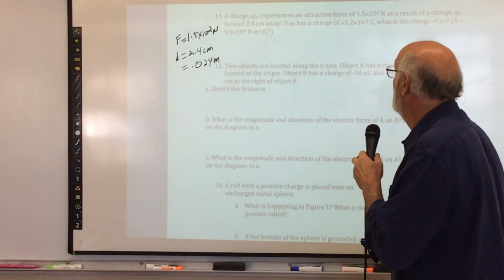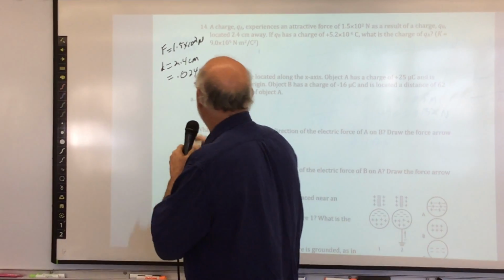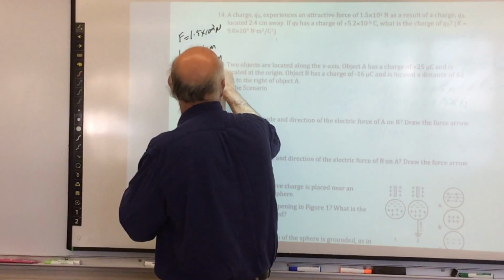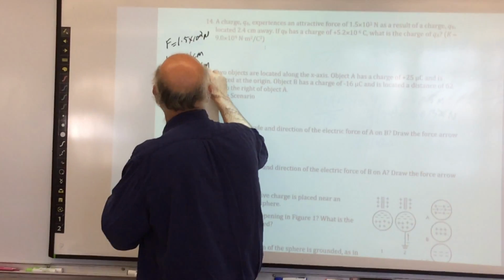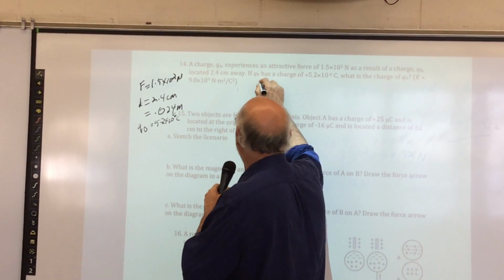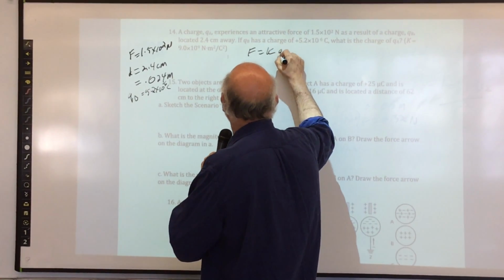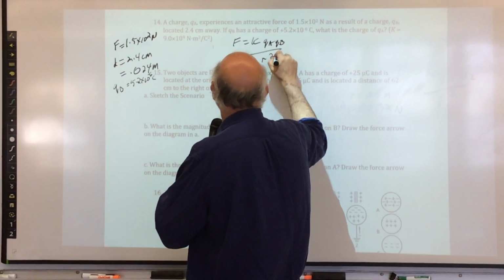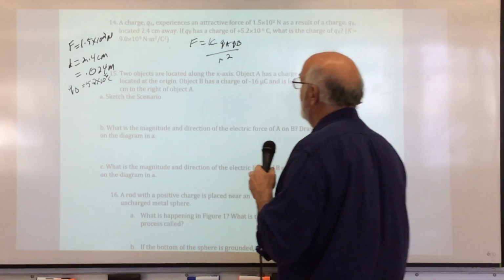Okay? And then it says QB has a charge of 5.2 times 10 to the negative 6th coulombs. So you go, all right, I'm going to go force equals K, QA, QB, over r squared. I know the force.